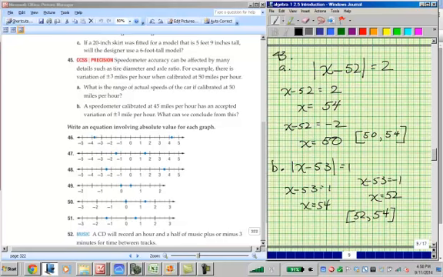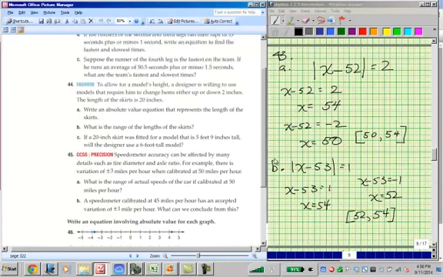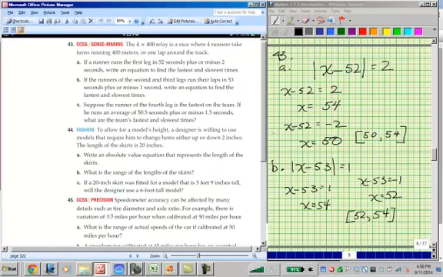So we expect that the speed of the individual runners, added all up, is going to be between the two ranges, the least, slowest, and fastest times for these four runners. We're told the first runner runs the first leg in 52 seconds, plus or minus 2. When we see plus or minus, that is the margin of error.